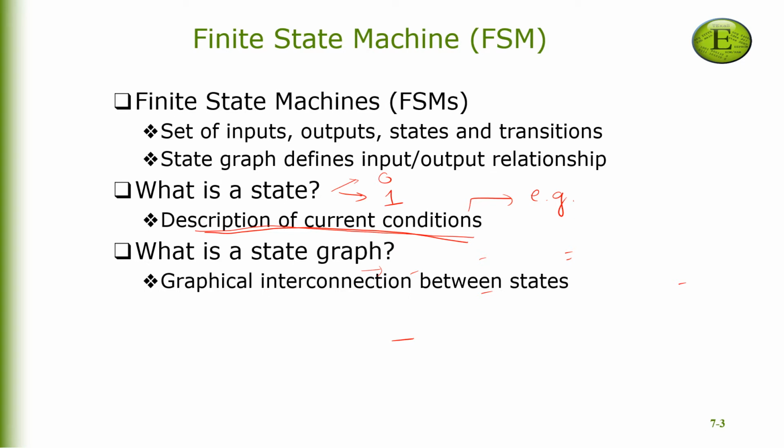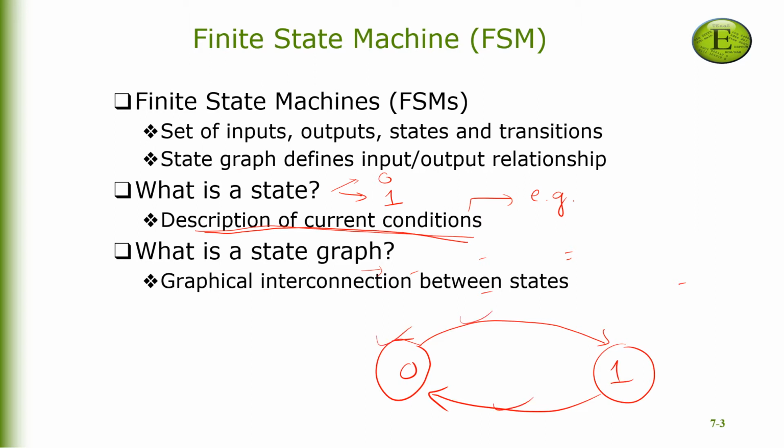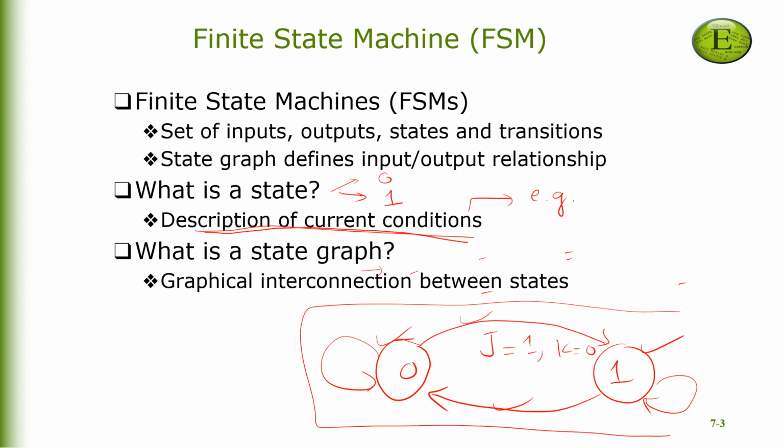In other words, these arcs between the two states representing the output of the JK flip-flop, these arcs along with these states and also some other transitions corresponding to the retention of the states, as well as the labels of these arcs, such as the values of J and K, all of that represent a graph known as the state graph.